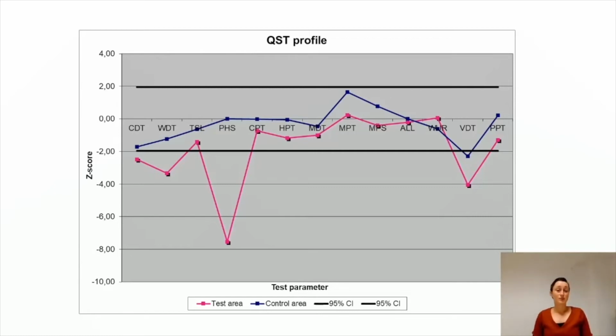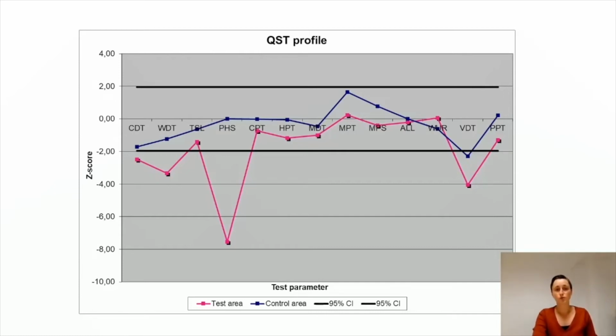I would like to select a few tests to demonstrate that by doing QST tests on different locations, you can see that for the CDT and WDT, the cold detection and warm detection, there's a significant abnormality in the test area. And the same is true for the paradoxical heat sensations, here abbreviated as PHS.